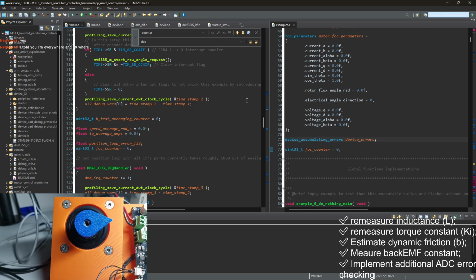Now thinking about it, will it work if my frequency is not a power of 2? But if it is a multiple of 2, it will work. It actually will work.